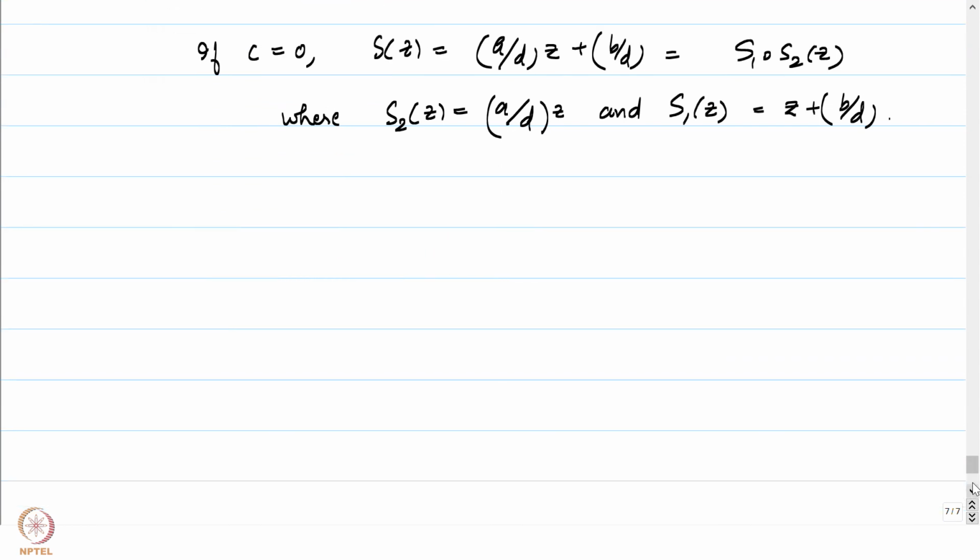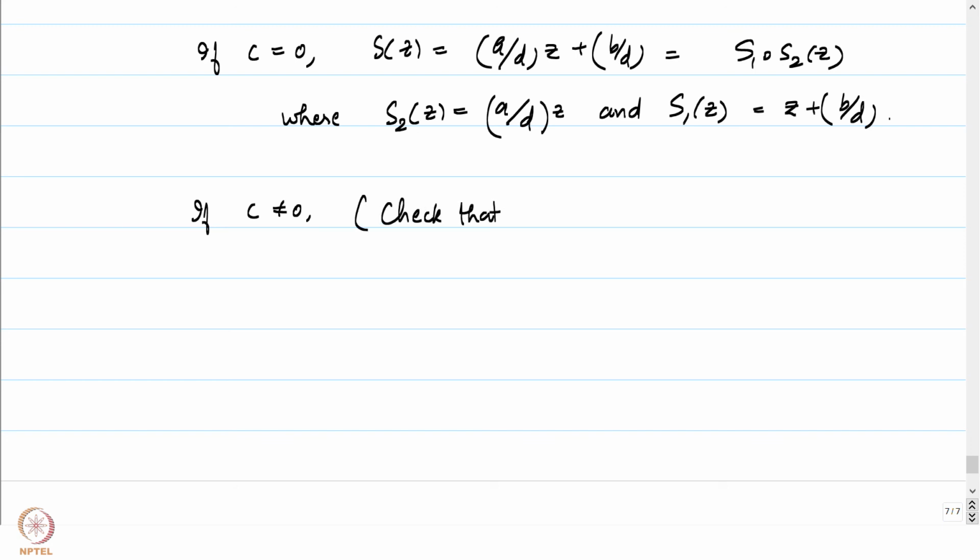The more difficult case, or rather more complicated case, is when C is not equal to 0. In the case when C is not equal to 0, we will need more Mobius transformations, more of these elementary Mobius transformations. So if C is not equal to 0, I'll just leave it to you to check that. Let me just write that in bracket.